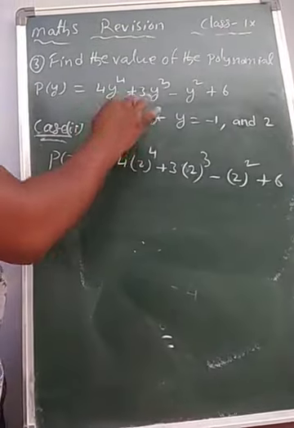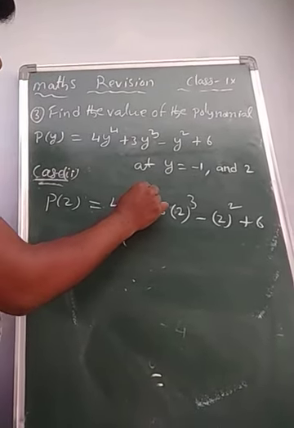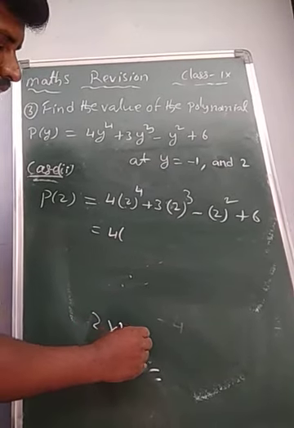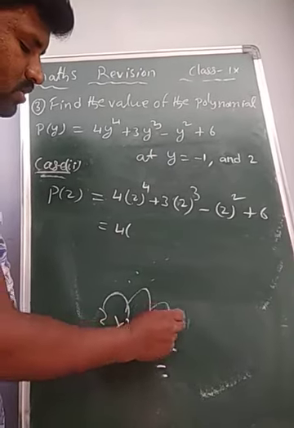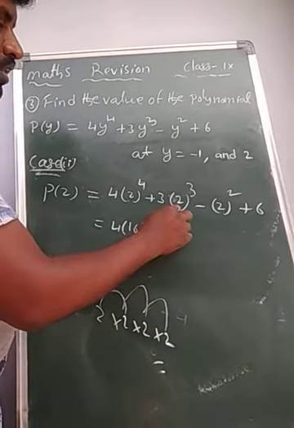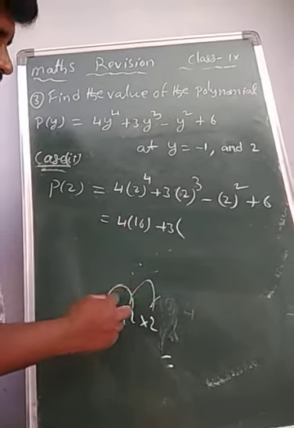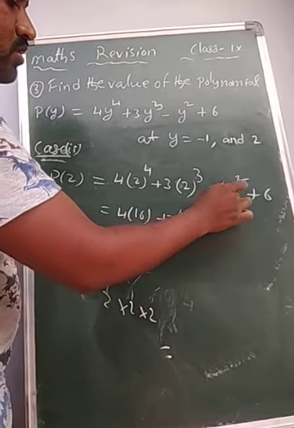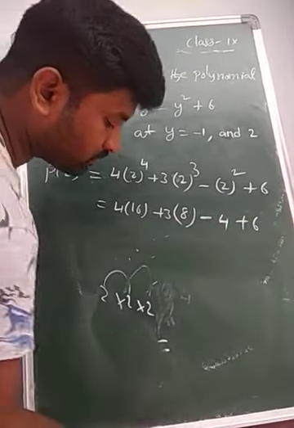I substituted 2 in the place of y. 4 of 2 power 4 means 2 into 2 into 2 into 2. 2 2s are 4, 4 2s are 8, 8 2s are 16. Plus 3 of 2 power 3, that is 8. 2 2s are 4, 4 2s are 8. Minus 2 whole square means 4, plus 6.